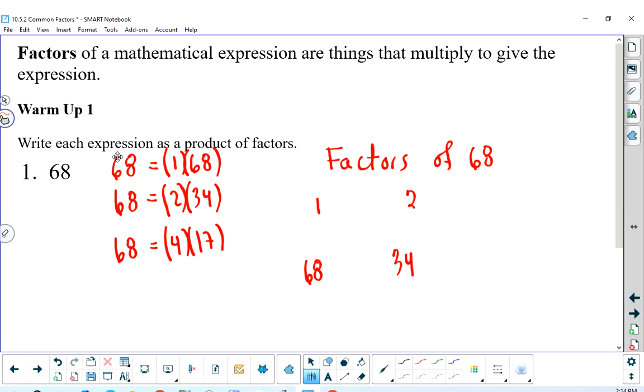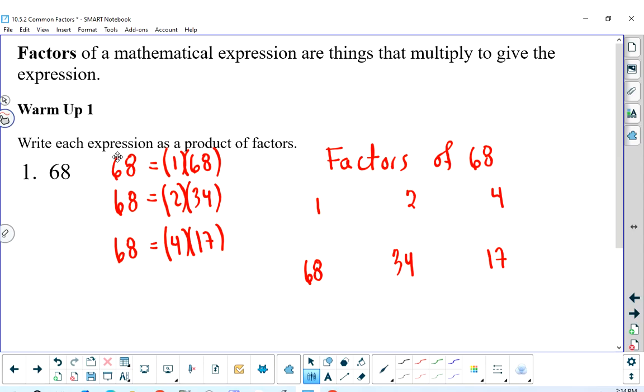And the purpose of this lesson is not for us to find these factors for numbers. We're using this first part of the warm-up to build up to something else that is more algebraic in nature. So because 4 times 17 is 68, I could also write that 4 is a factor of 68, and so is 17.